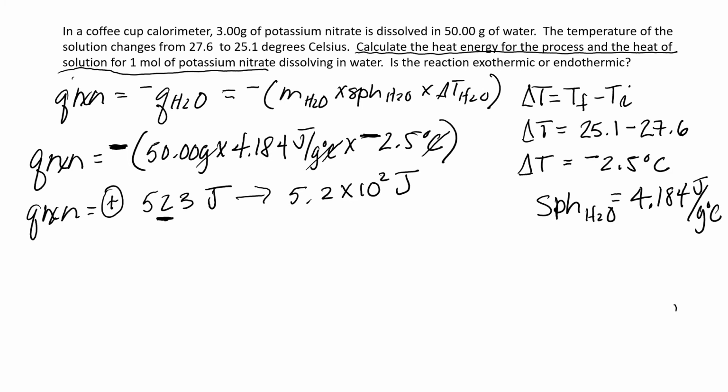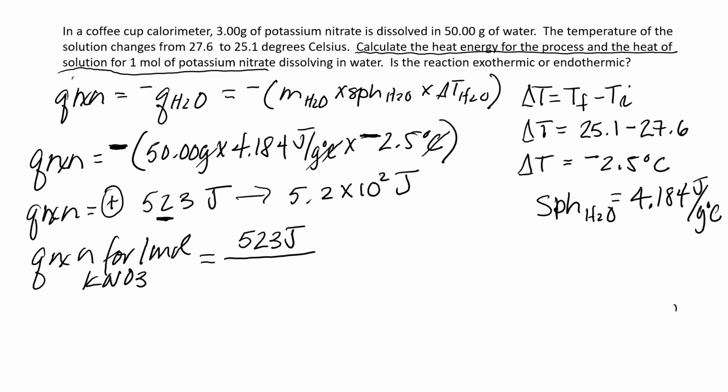So now we have to calculate Q of the reaction for 1 mole of KNO3. And we just calculated the joules that were absorbed when we dissolved 3 grams of KNO3 in 50 grams of water.